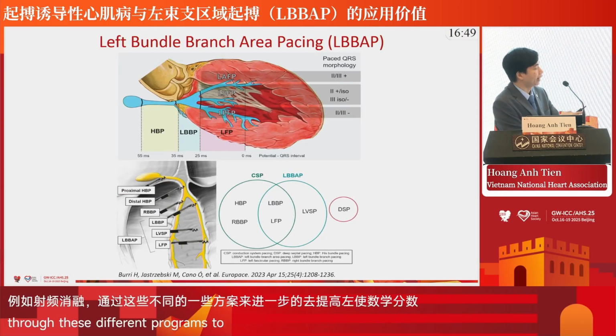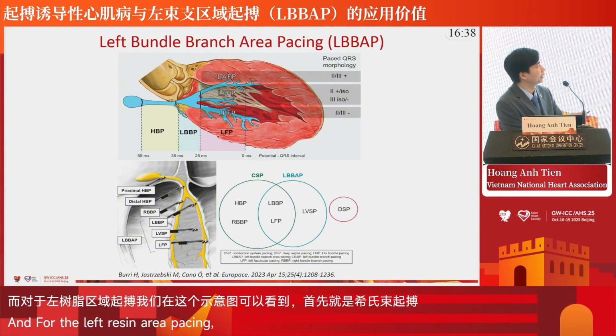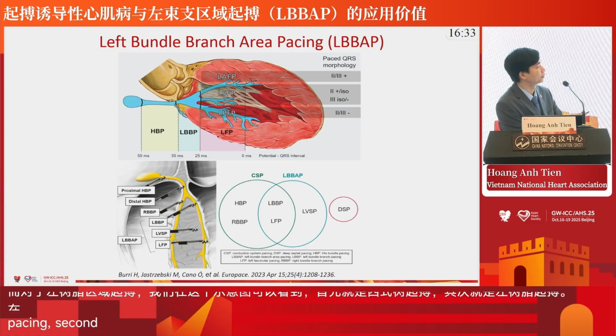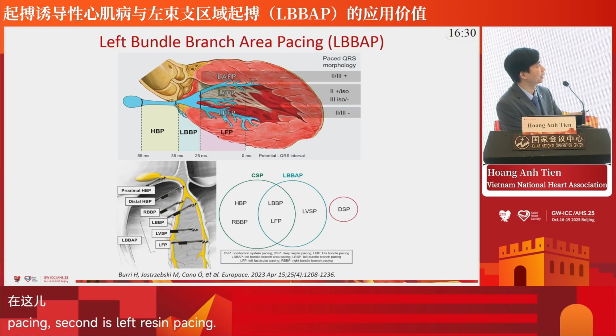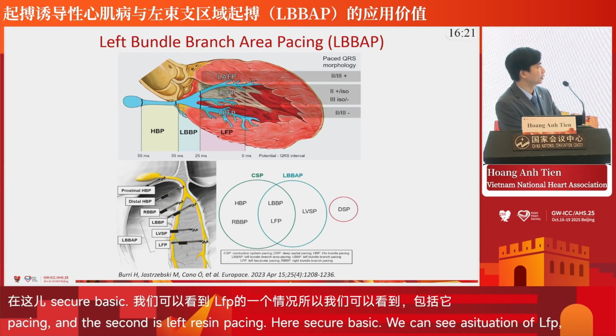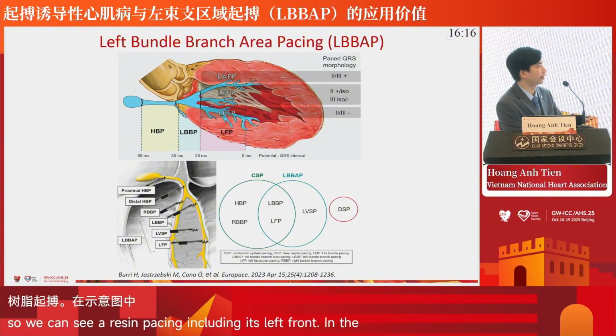And as for the position of left bundle branch area pacing, as you see in the picture, the first one is His bundle pacing, the next is left bundle branch pacing, here is left fascicular pacing, and here is left anterior fascicular pacing. In the picture, we can see that now we can concentrate on left bundle branch area pacing.